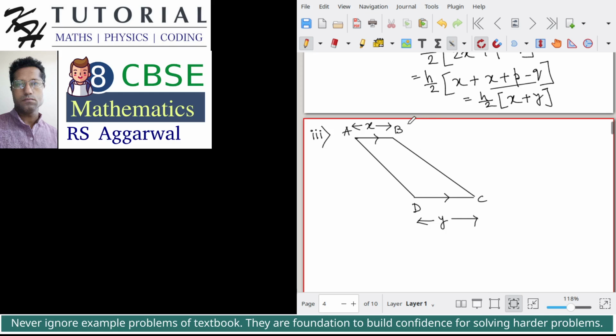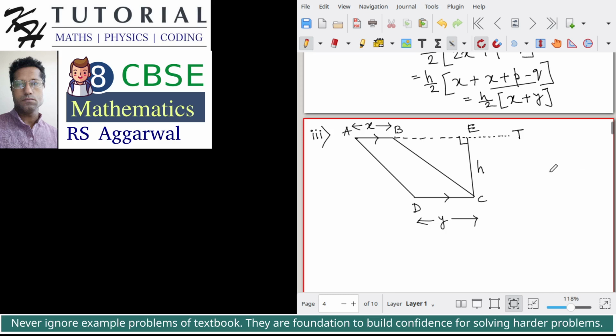So if I extend the side AB, let's say this T, and I draw an altitude, that is, draw a perpendicular CE on the extended side of AB. So this is perpendicular, let's say this be CE. So CE is the altitude or height of the trapezium.